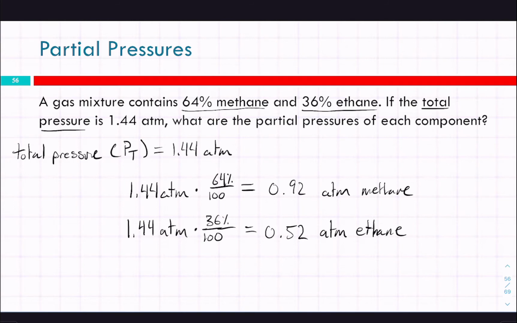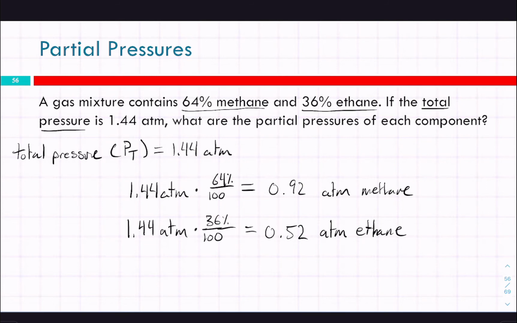Can anybody see another way that we could have calculated the partial pressure of ethane if we had already calculated the partial pressure of methane? Right? If we know the composition of everything except for one of our partial pressures, then we can just subtract out all the ones we know from the total pressure and get whatever that last one is. In this case, we only have two things.